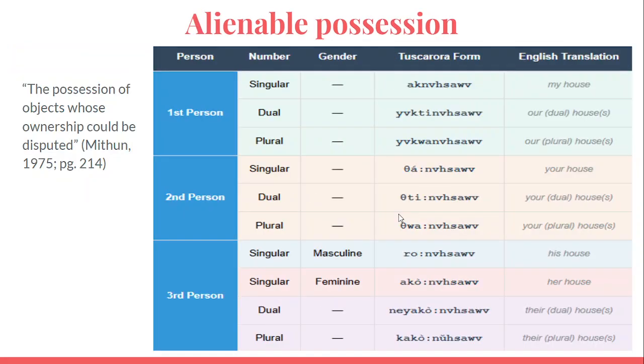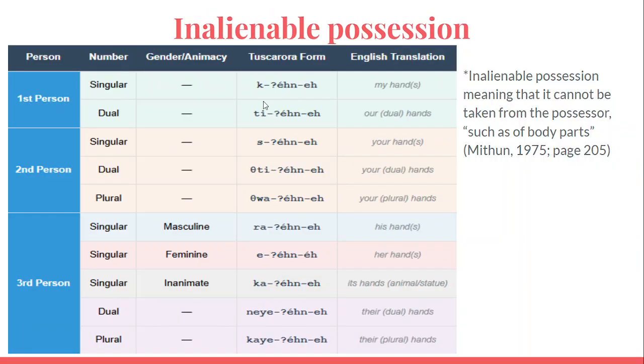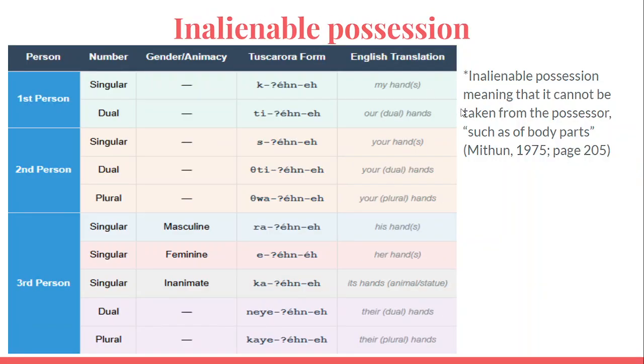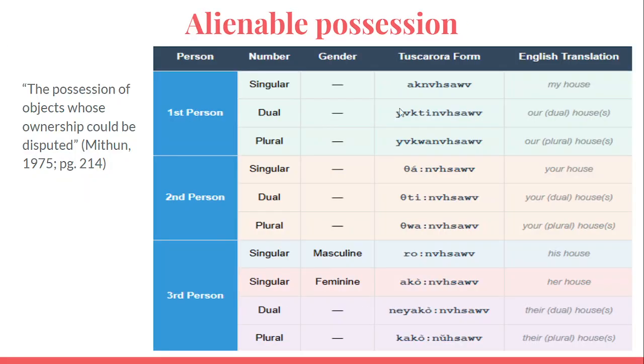And then the first person is perhaps the most different, but you have k and you have t, so you still have the k from Akanasoa, my house, and then the dual, which is our hand.